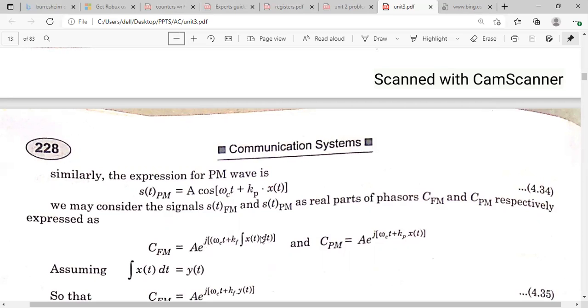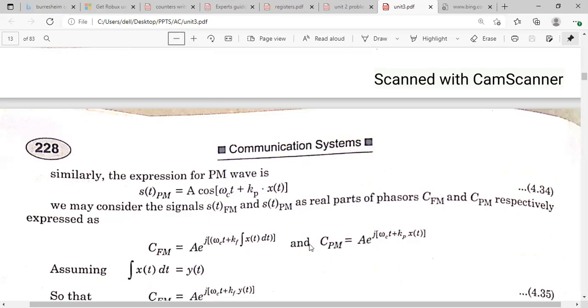You can write cos plus j sin, but the standard expression contains only the real part. Whether we take PM or FM, it is the real part only, which we represent using C. So for FM you write C FM, and for PM the phase modulated wave, meaning it contains only the real part.